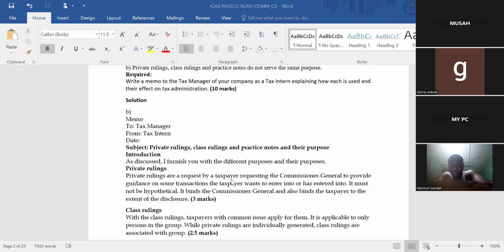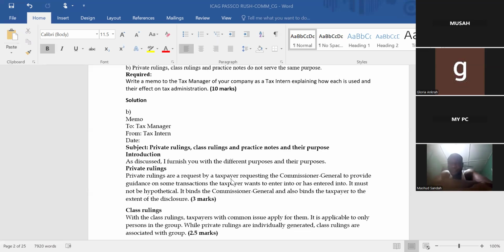Now I've explained what a private ruling is, and I did mention that this is always requested by the taxpayer from the Commissioner General to provide guidance on how some transactions should be treated. Maybe you are about to enter into that particular transaction, or you are already in it, and I cite an example of the taxation of the director's allowance.